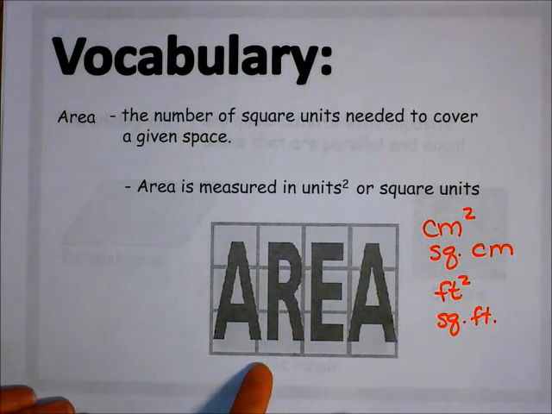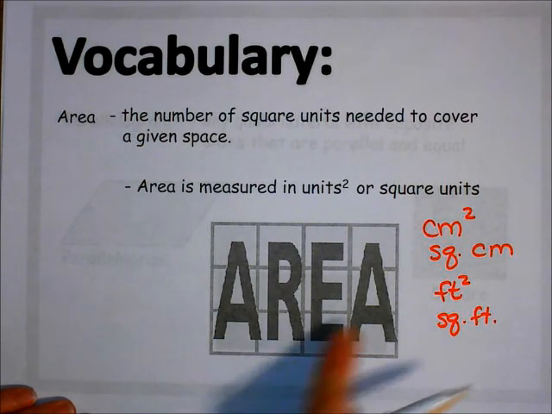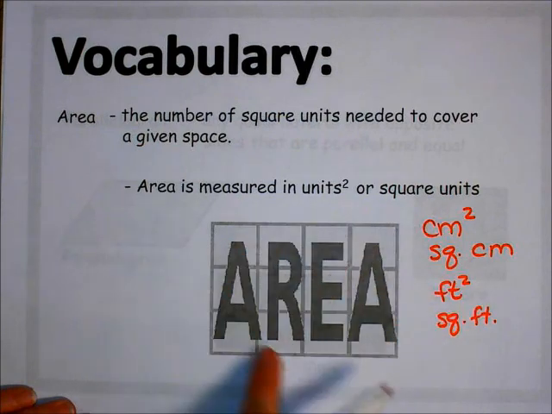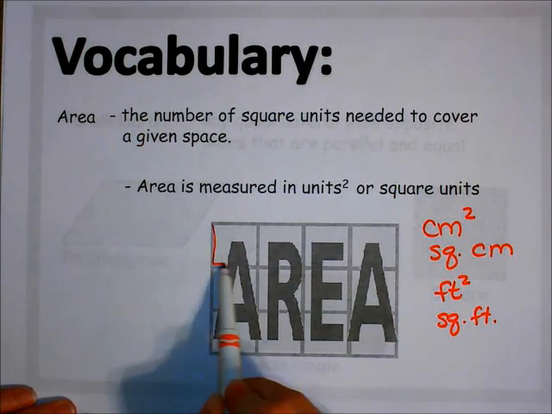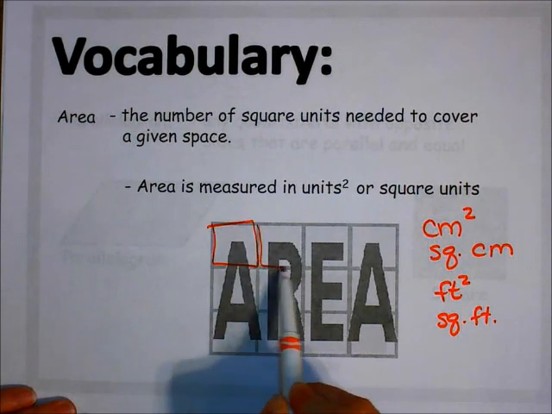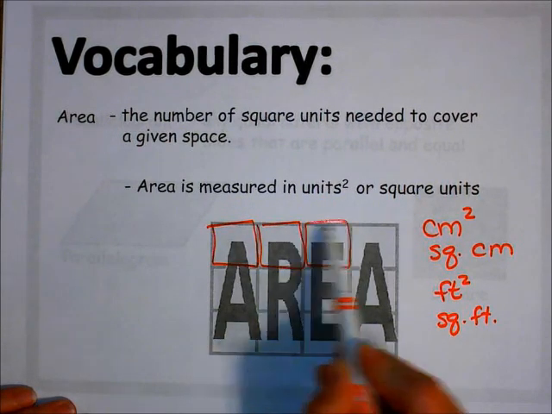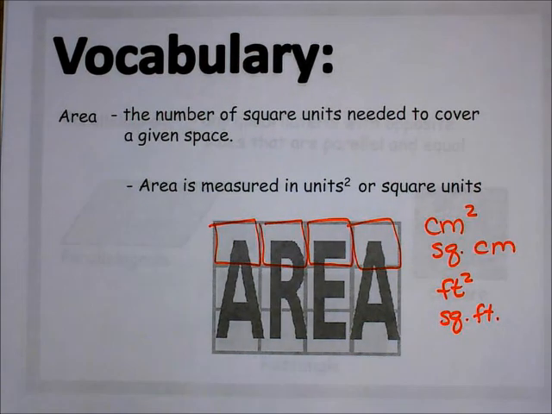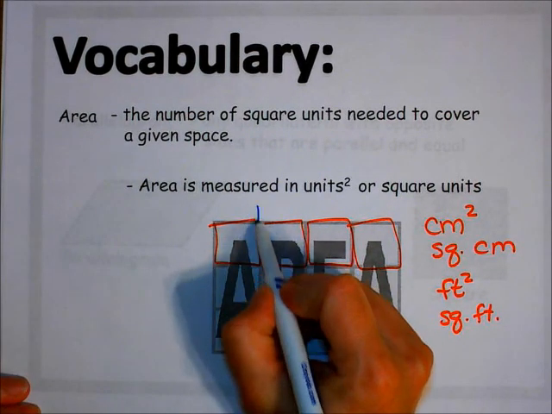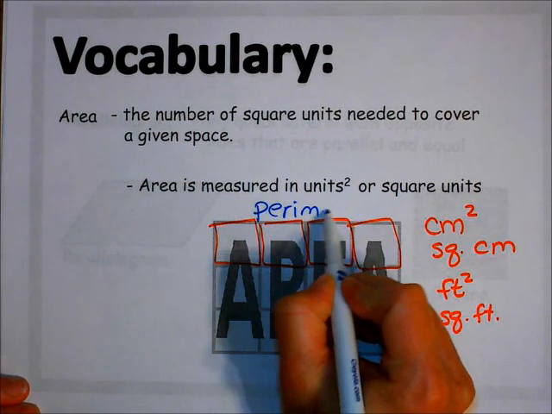Now notice, look at my picture here. Area takes up the entire inside of my polygon, and it's how many squares it takes to fill in the given polygon. Whereas perimeter is going to be the distance around the outside edge.